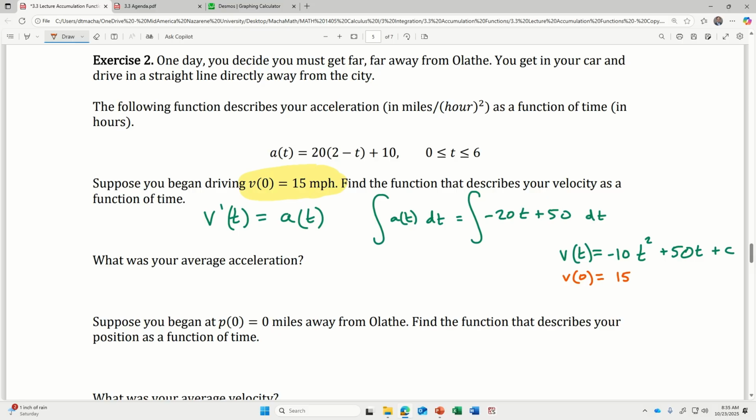It can be 0, it can be pi, it can be negative 70. What number should I choose for my little lowercase c? 15. Do you see why it has to be 15? Because if I plug in t equals 0, I've got negative 10 times 0 plus 50 times 0 plus c, and that's got to be equal to 15. So c has to be 15.